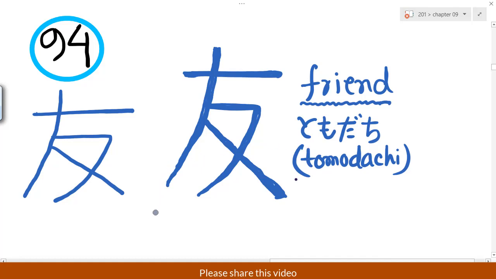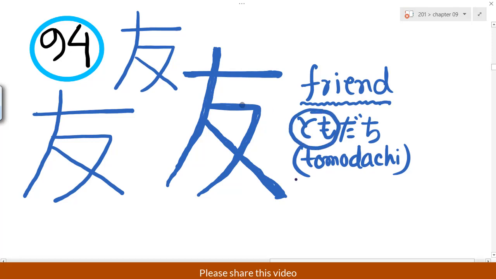So again, in a small condition, we can also use the horizontal one at first, then the vertical one. So here, tomodachi or tomo, here is only this word tomo. This kanji is used, tomo.